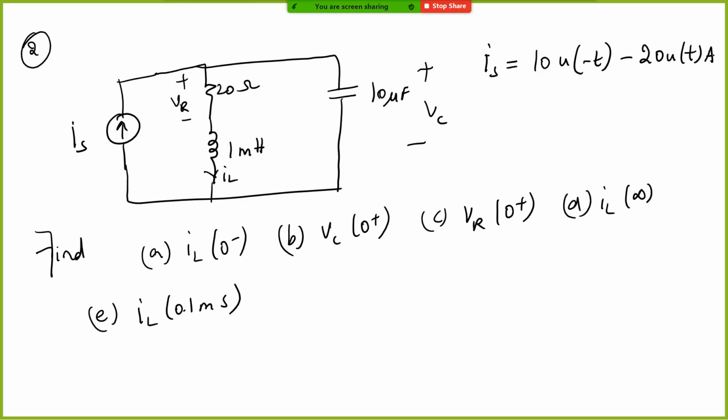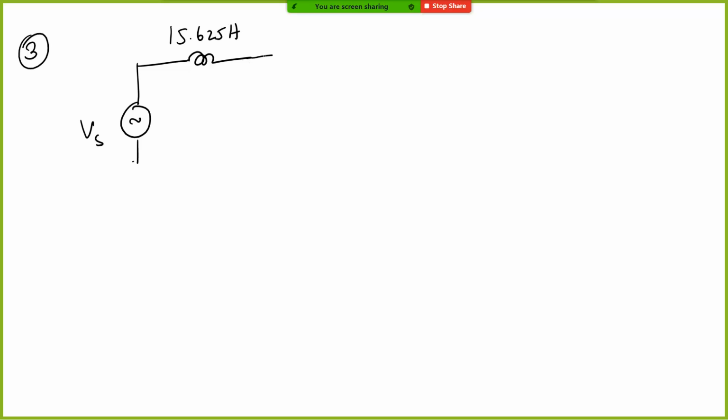All right, so take this as a homework or an assignment. Practice these problems, because it's only when you work out problems that you gain the confidence and the experience to solve these things. Let me give you one more problem to work out at home. Let's say this is VS. This is a 15.625 henry inductor.